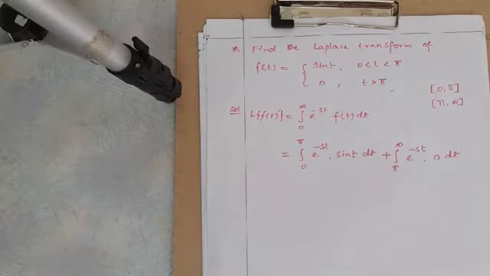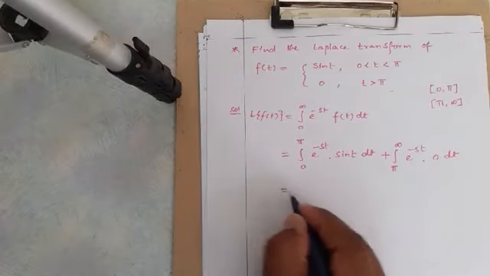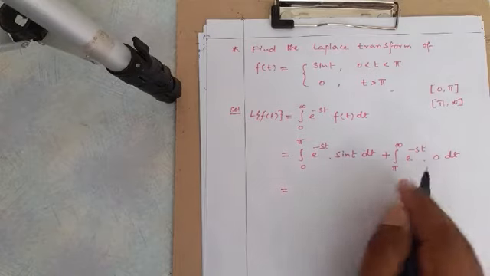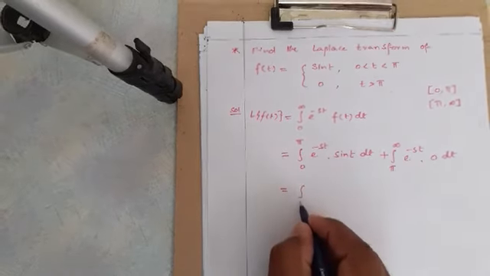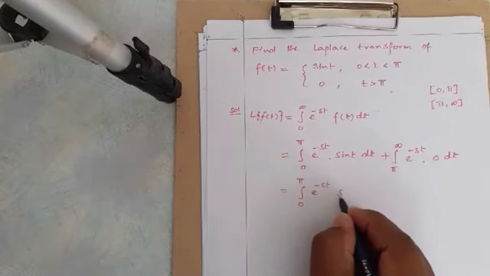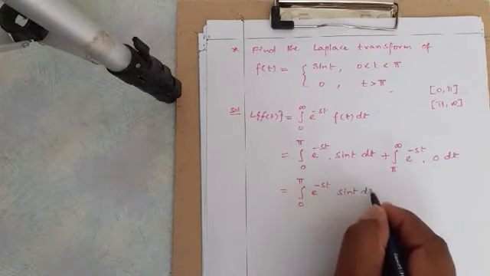Now e power minus st into 0 is 0, so the only term remaining is integral 0 to pi e power minus st sin t dt.